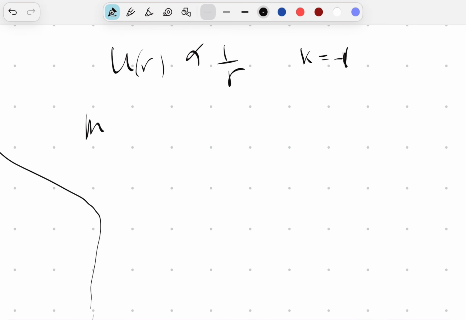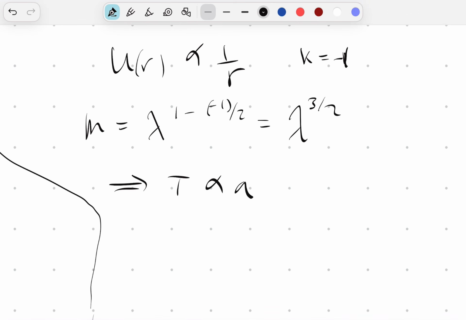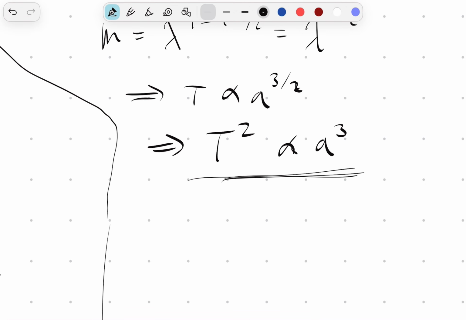So mu is going to be equal to lambda to the 1 minus negative 1 over 2, which should be equal to lambda to the 3 halves, which tells us that t should be a to the 3 halves, which implies that t, the characteristic time scale, should be proportional to a cubed. This is Kepler's third law.